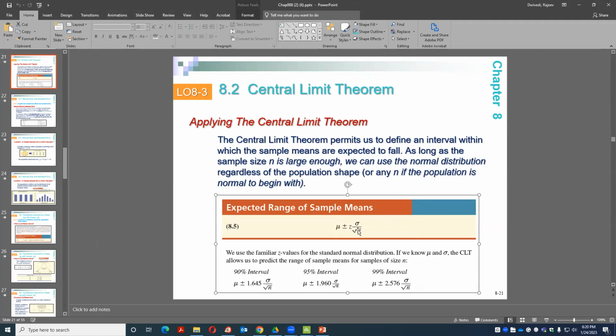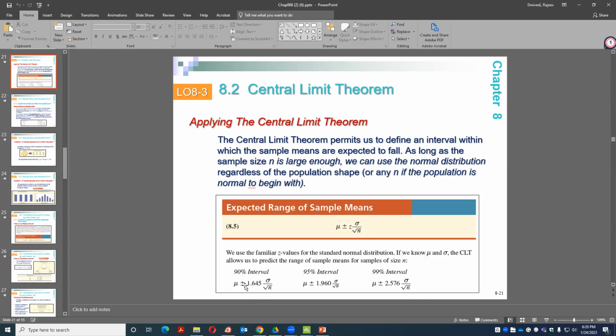Mu plus minus z sigma upon square root of n. What is mu? Population mean, plus minus the z value from the z table, sigma value over square root of n. This formula can be used when the population standard deviation is given, meaning sigma is known.